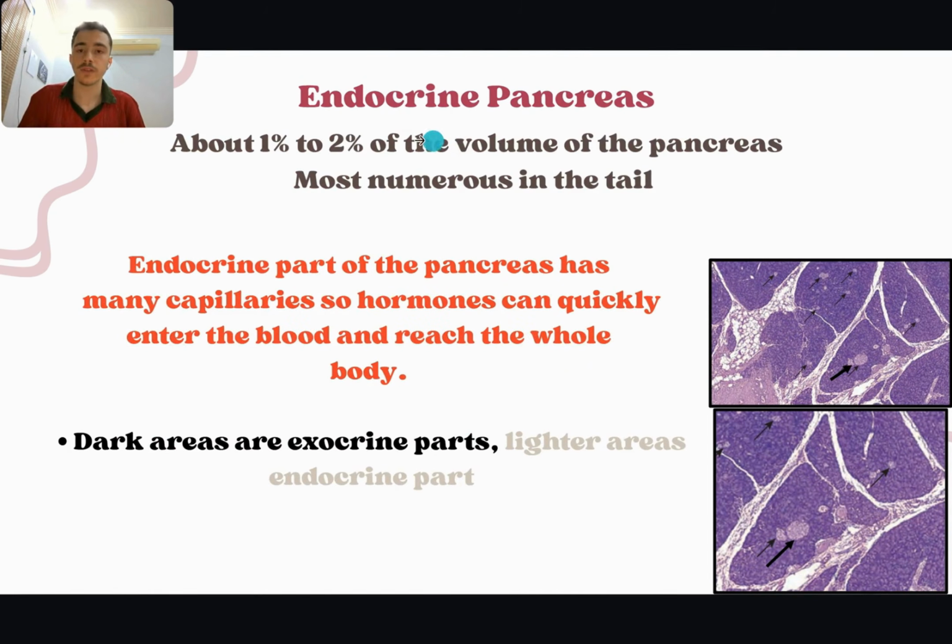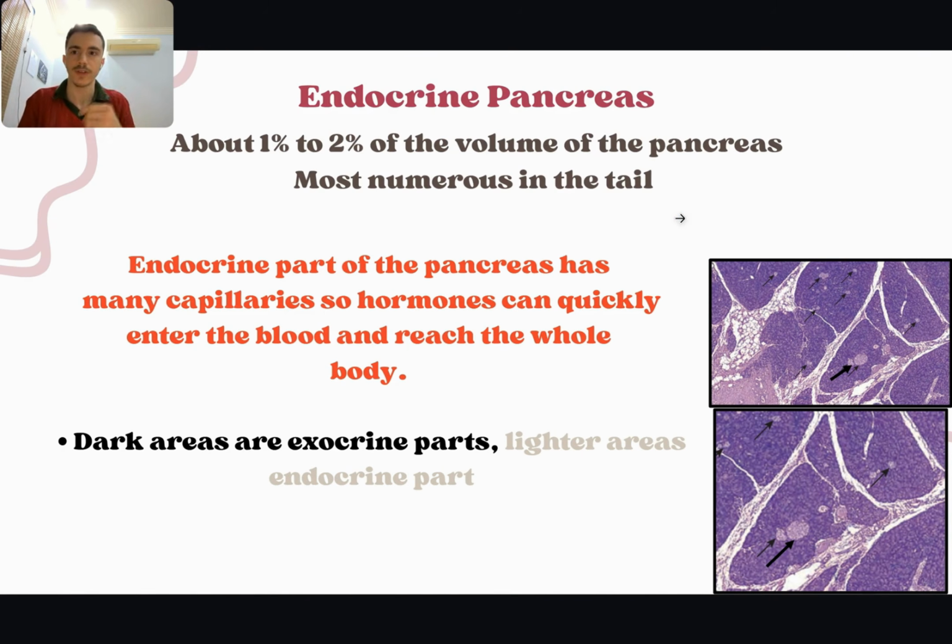The endocrine pancreas is about 1 to 2 percent of the volume of the pancreas, so it's a low amount. As we said, most of the pancreas is exocrine gland, but a little bit of it is endocrine. Most numerous in the tail, so you can find it in the tail. As we said, there's 3 regions.